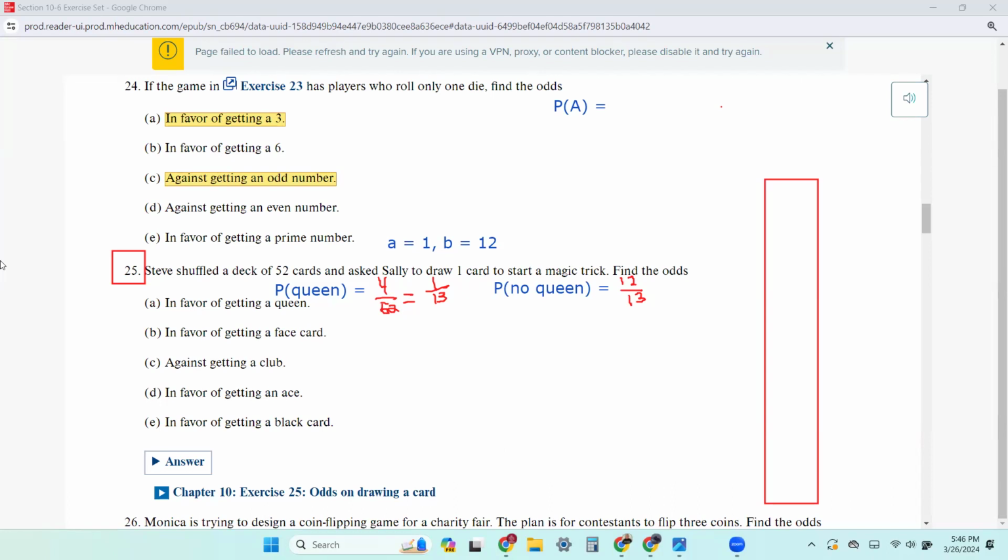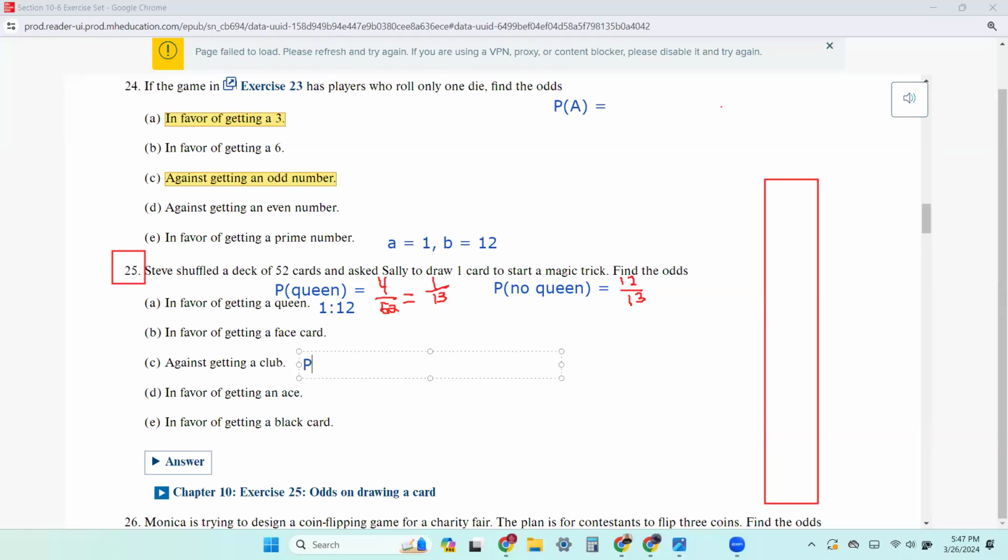Okay. Any questions on how I got those? Okay. So then simply for this one here, we've got 1 to 12. So for every one of these, we got to calculate the probability. I'm going to skip one and do this one, getting a club.